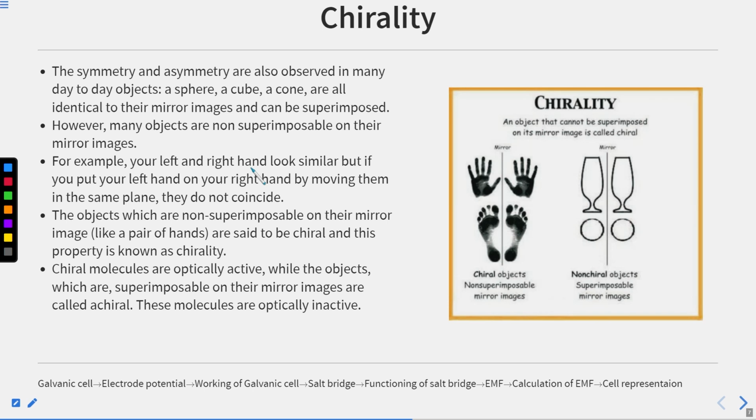Now, what is superimposable? I have mentioned this word superimposable. If something cannot be placed on its mirror image, then it is termed non-superimposable. Like this example: take your hand and make a mirror image of it.